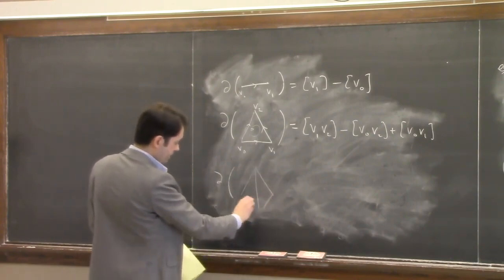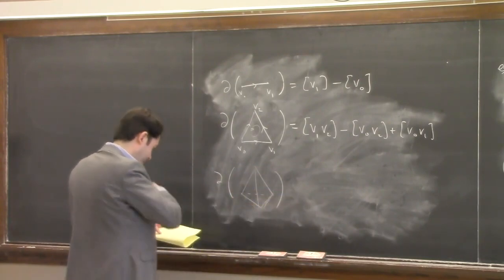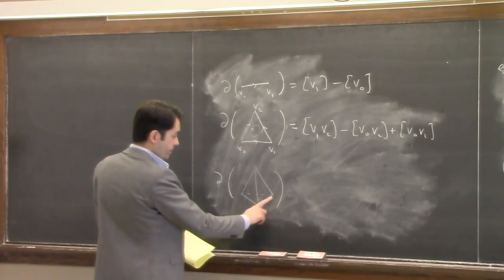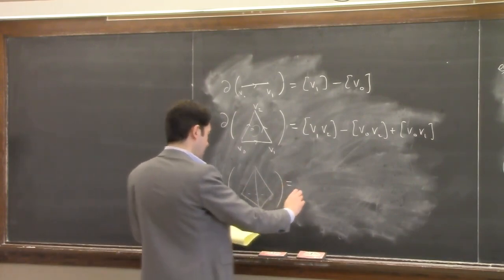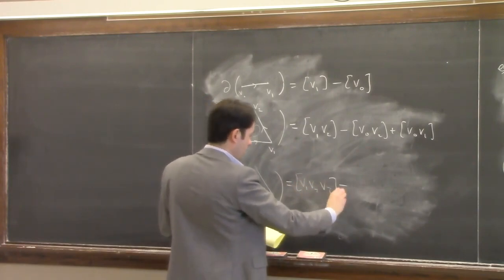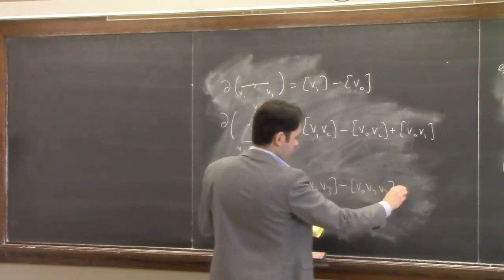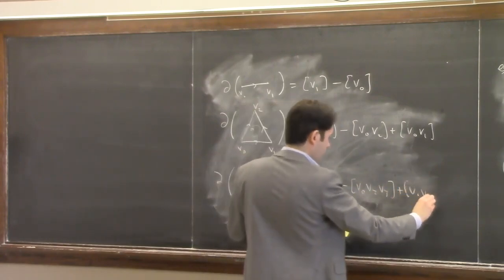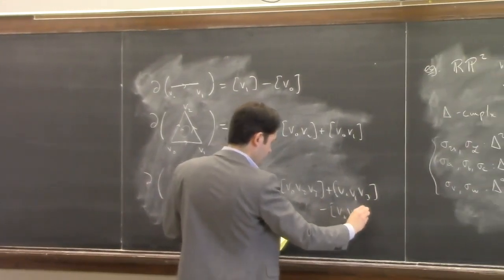If you have the standard 3 simplex, then the boundary would be like this: v1 v2 v3 minus v0 v2 v3 plus v0 v1 v3 minus v0 v1 v2.